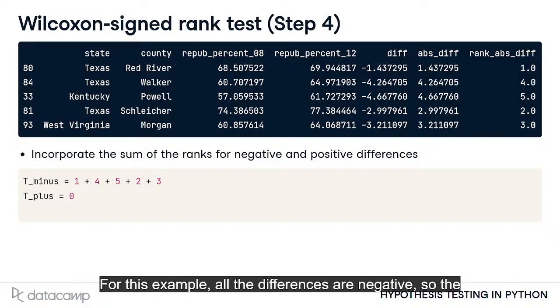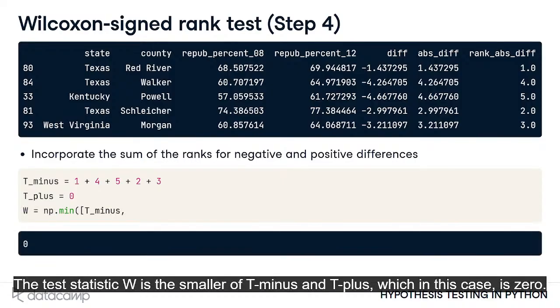For this example, all the differences are negative, so the T-minus value is the sum of the 5 ranks, and T-plus is 0. The test statistic W is the smaller of T-minus and T-plus, which in this case is 0.